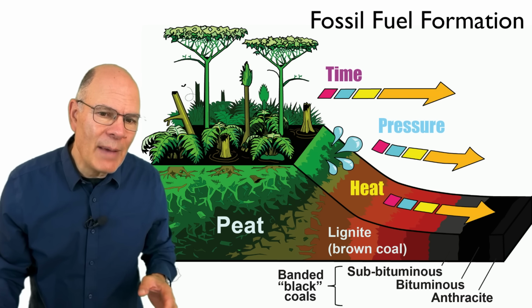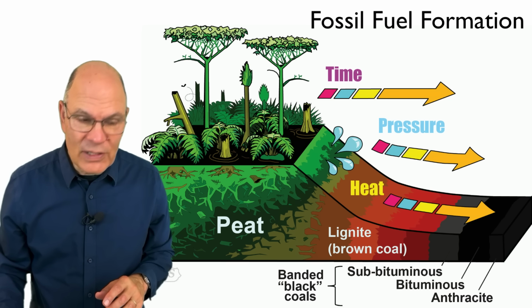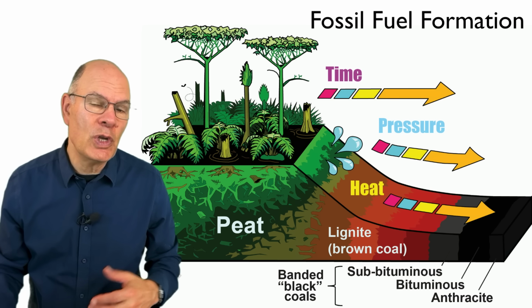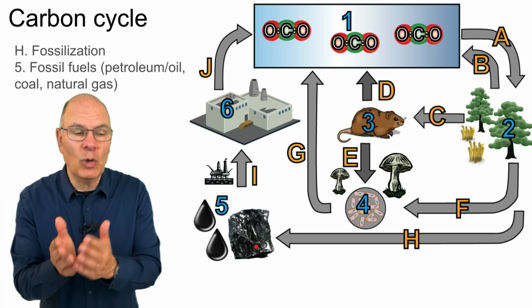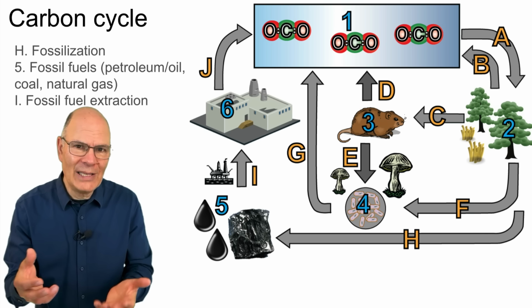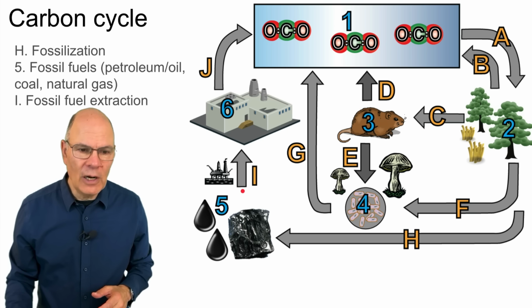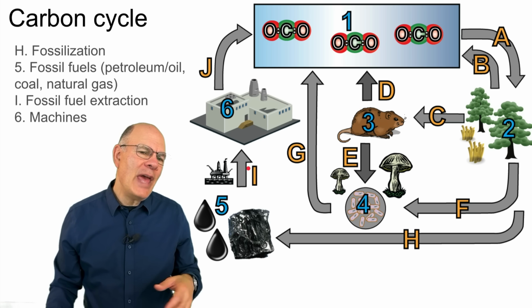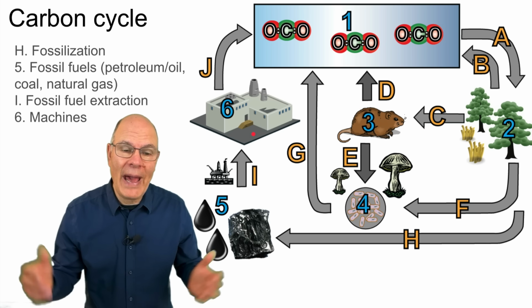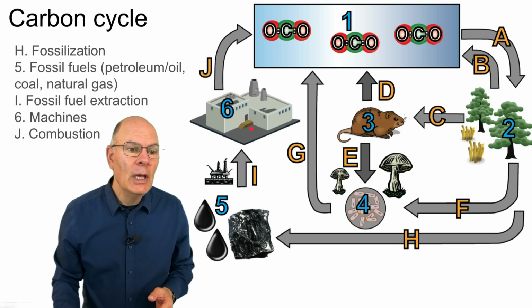And so instead what happens is that the compressed plant matter becomes fossilized, and it becomes fossil fuels, which we know today as petroleum or oil, coal, and natural gas. That has to be extracted through mining or drilling. That's what's shown over here at letter I. And that gets moved to the machines that power our civilization, that carry out fossil fuel combustion.